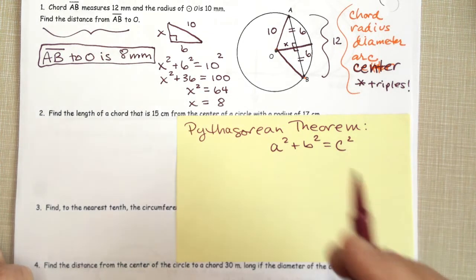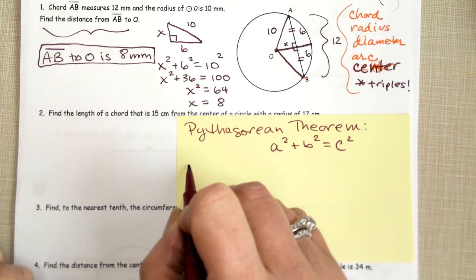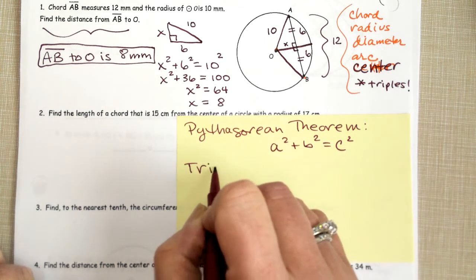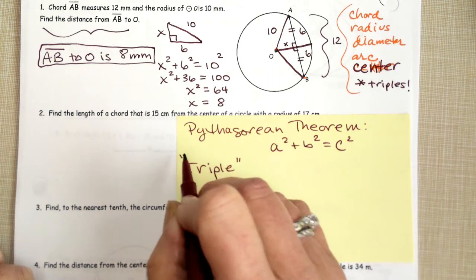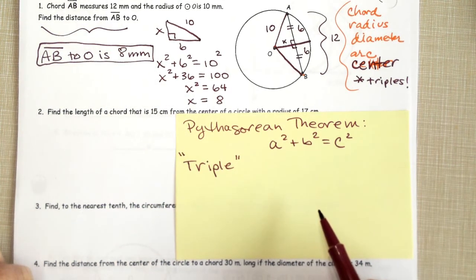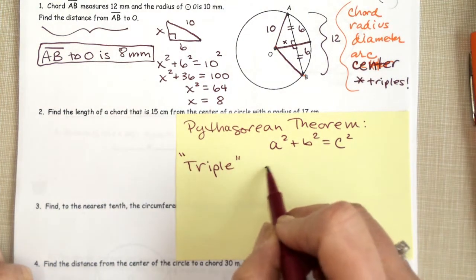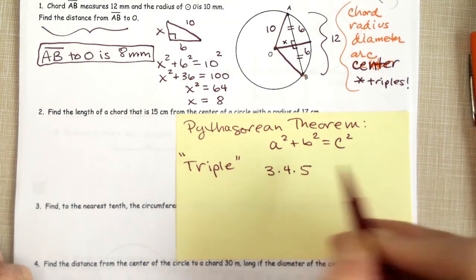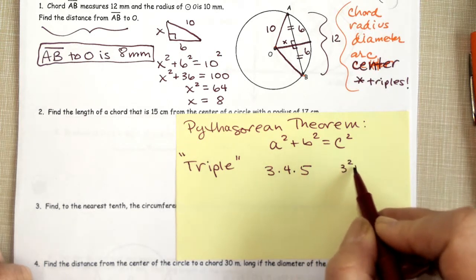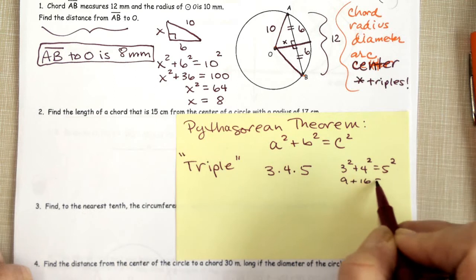But if you have what's called a triple, those are whole numbers that make up a right triangle, so you don't have to keep doing the Pythagorean Theorem. 3, 4, 5 is probably the most common one. So 3 squared plus 4 squared equals 5 squared: 9 plus 16 equals 25.